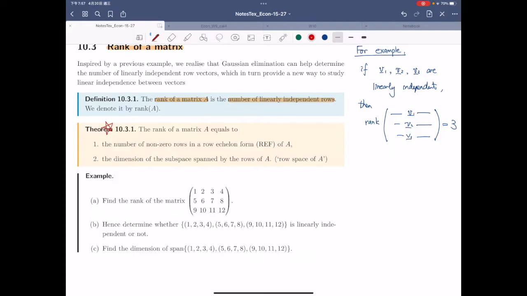It says that the rank of a matrix equals the number of non-zero rows in the row echelon form of A. So basically, you have a matrix here. Suppose initially you don't know the rank. What you do is transform it into row echelon form, then look at how many non-zero rows there are in your row echelon form, and that gives you the rank of the matrix.